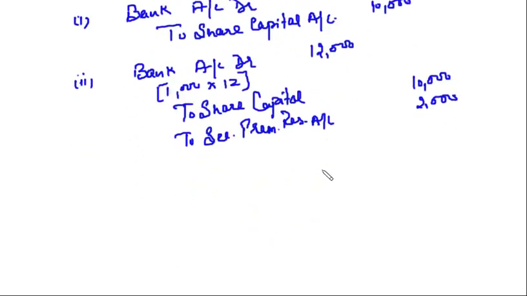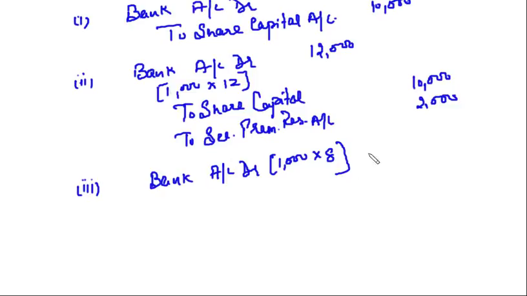Now, the third part is when you are reissuing the shares at a discount. In that case, what is to be done? Now, what you are receiving, bank account debit. Bank account debit with what amount? On 1000 shares at the rate of 8 rupees, 8,000 rupees you are receiving in your bank, to share capital.